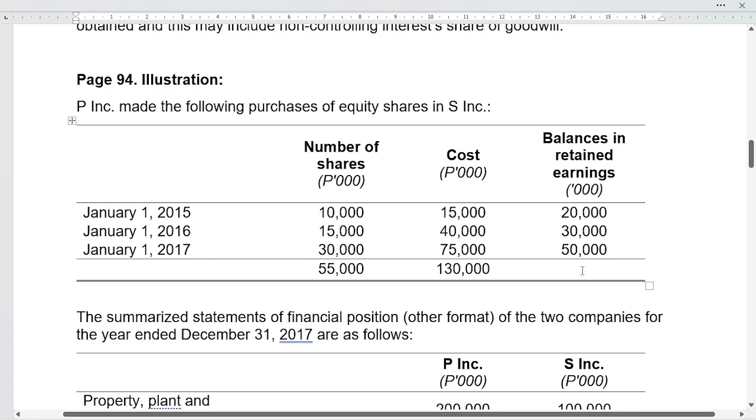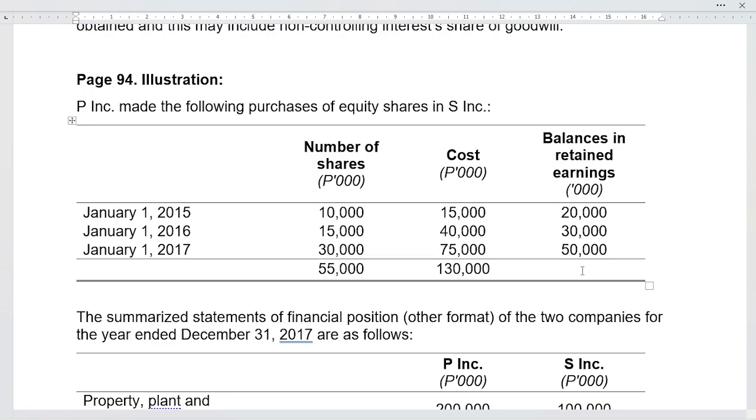So sa 20,000 na iyon, as of December 31, 2016, ang pag-aari lang ni P sa S ay nasa 25%. So kung ganon, doon sa December 31, 2016, at 20,000, ang 25% noon ay pwede mong i-attribute kay P. Magkano yun? 5,000.